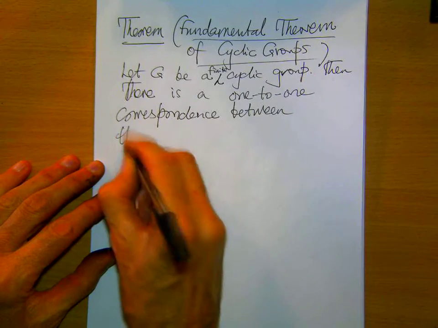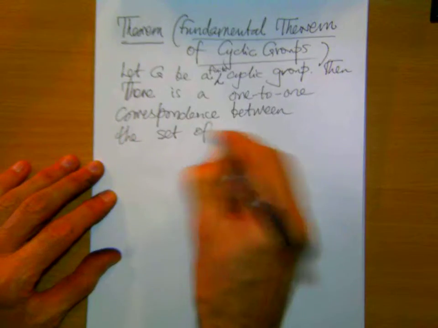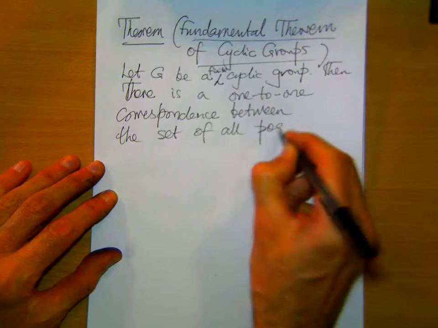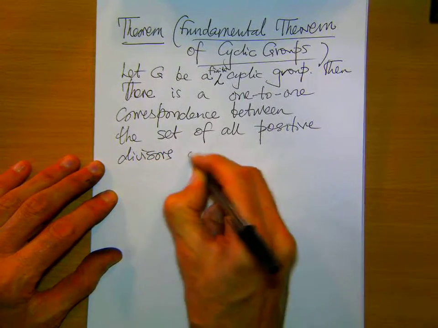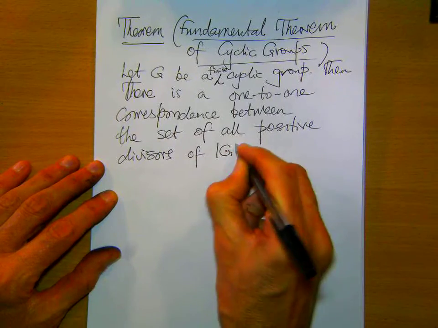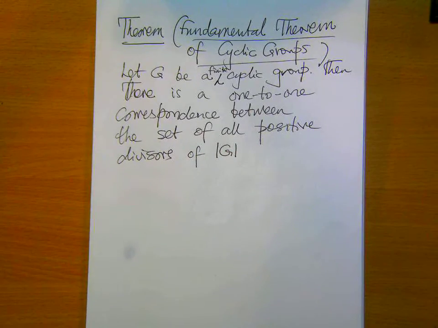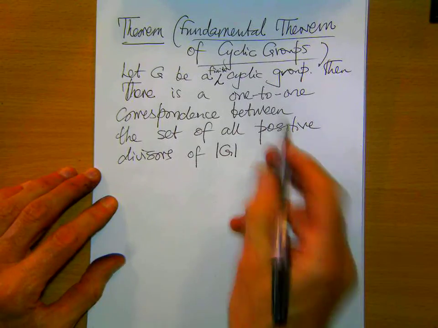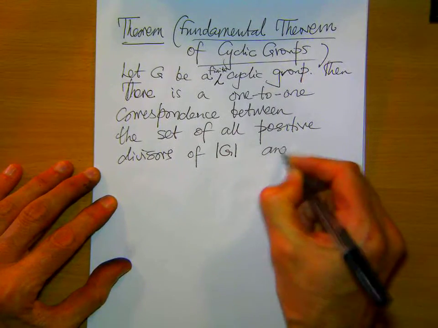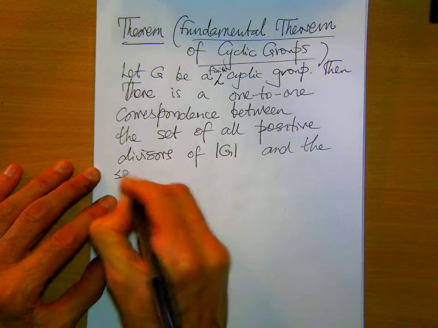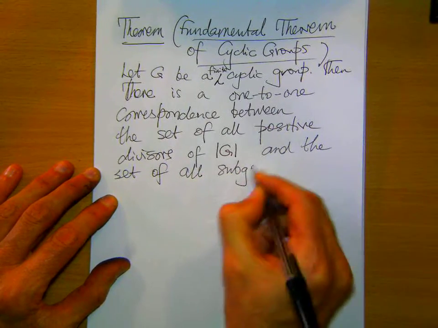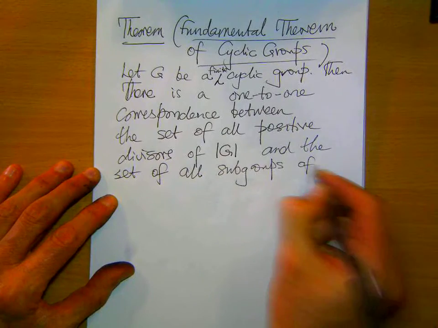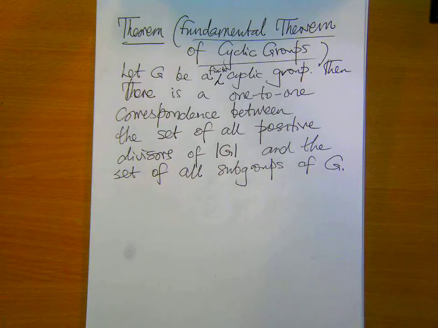So between the set of all positive divisors of the order of G, which is some positive integer, and the set of all subgroups of G. This is one way of saying it.